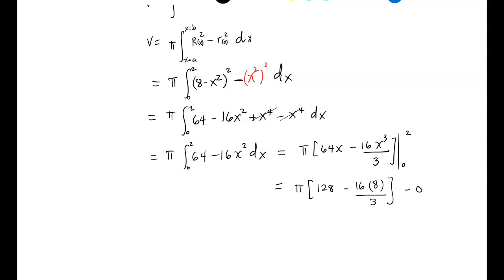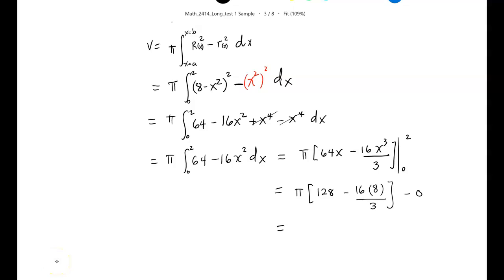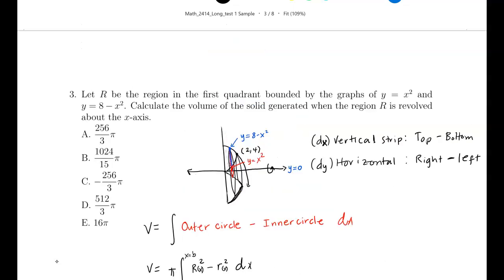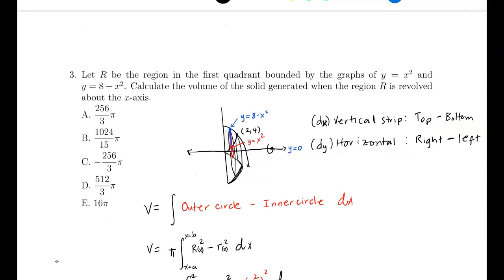Then you simplify, and plugging this into your calculator, you will get 256 over 3. So the answer is 256 pi over 3, and that is choice A.